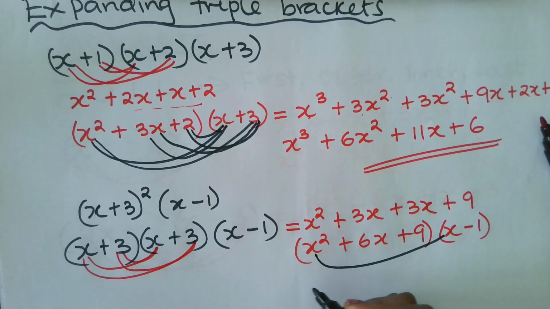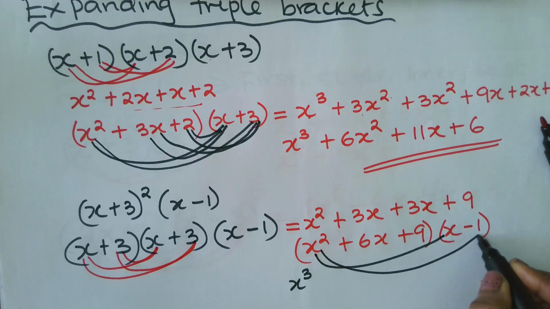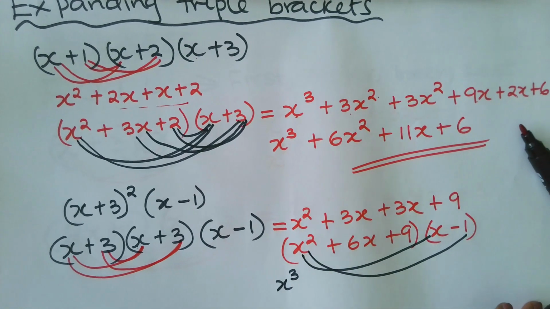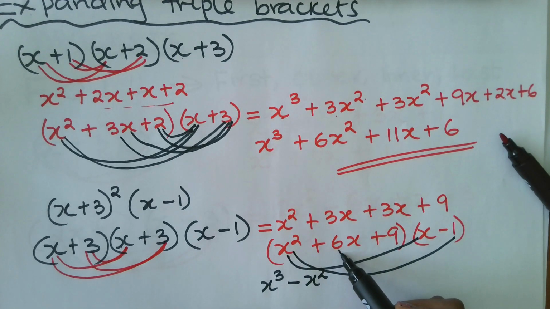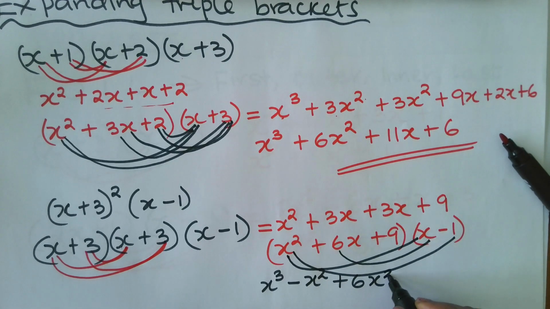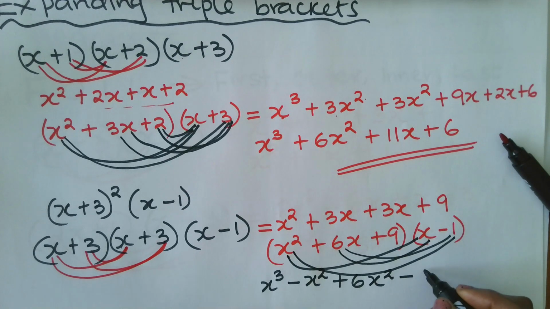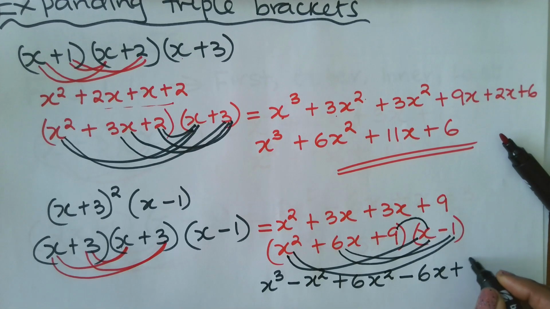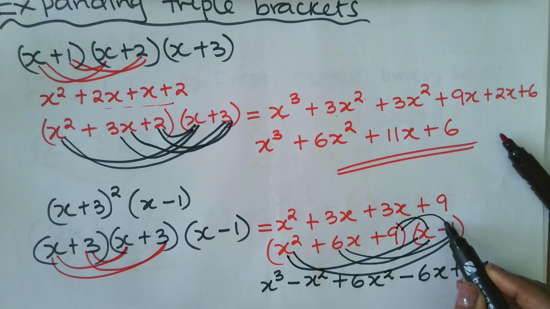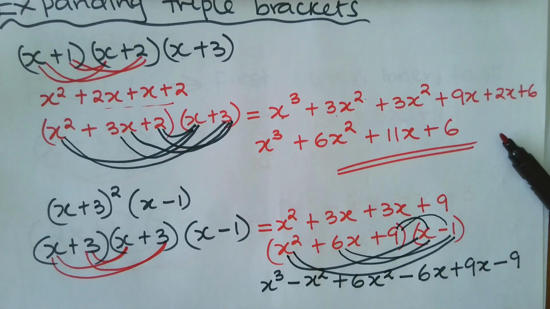x squared multiplied by x will give me x to the power of 3. x squared multiplied by minus 1 will give minus x squared. 6x times x will give plus 6x squared. 6x times minus 1 will give minus 6x. 9 times x will give plus 9x, and 9 times minus 1 will give minus 9.